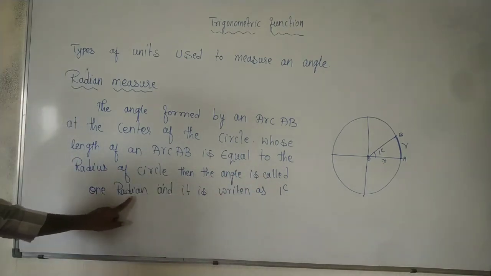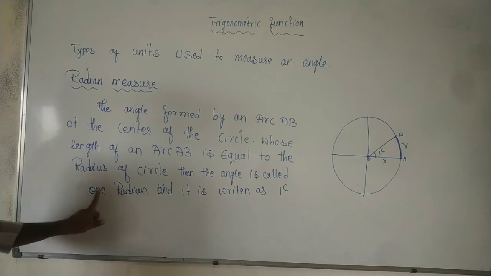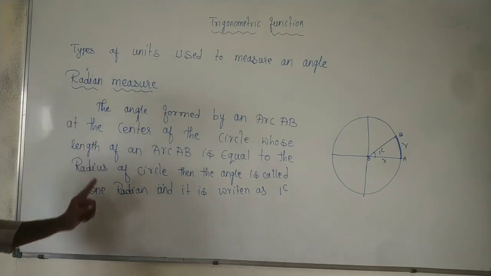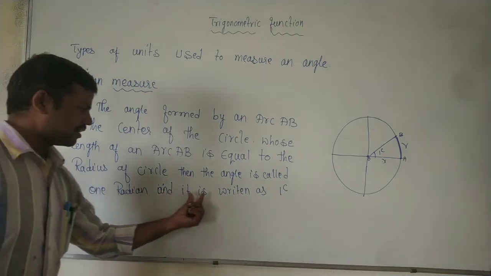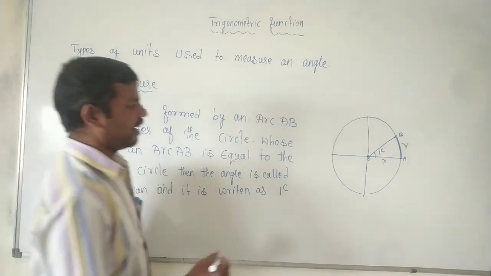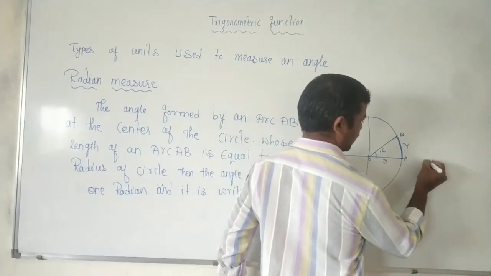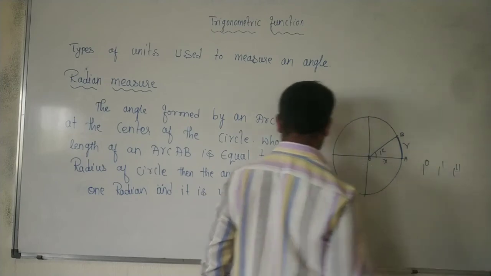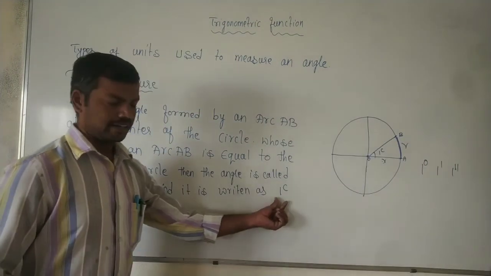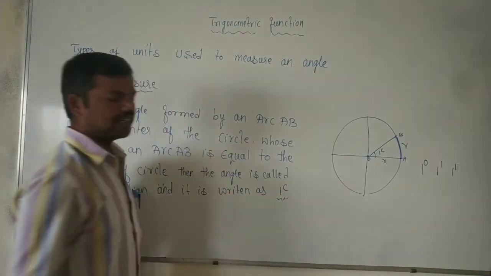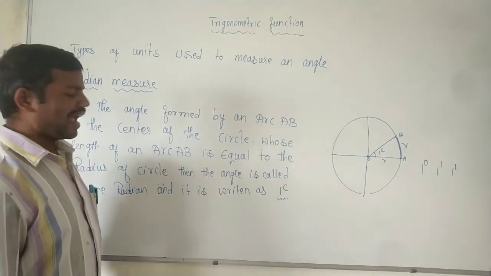It measures 1 radian, and it is written like this. In degrees we write 1 degree, 1 minute, 1 second, but in radians we use this symbol as the unit of angle measure.